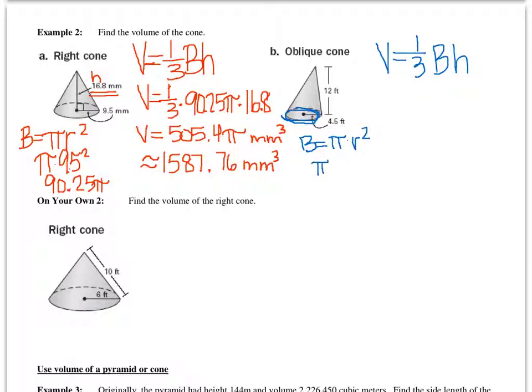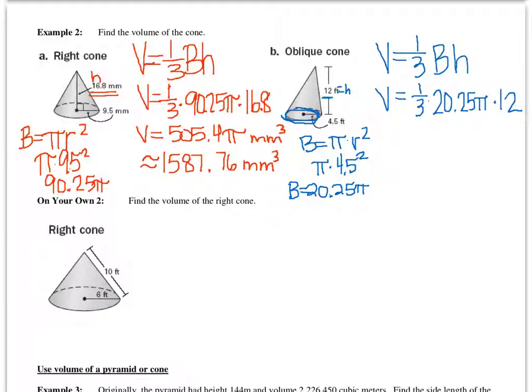So we're going to do pi times 4 5/10 squared. That's 20.25 pi. So that's my base area. And then my height is right here. That's 12. So volume equals 1/3 times 20 and 25/100 pi times my height, which is 12.